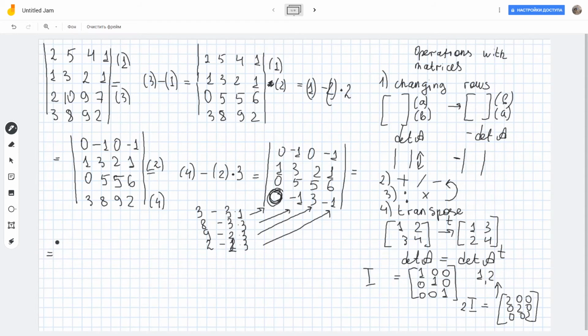So our next step is to transpose the matrix because we have a lot of zeros in the first column. So we can do this. We write the first column as a row.